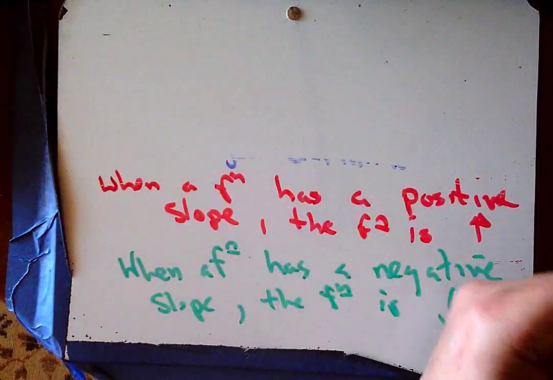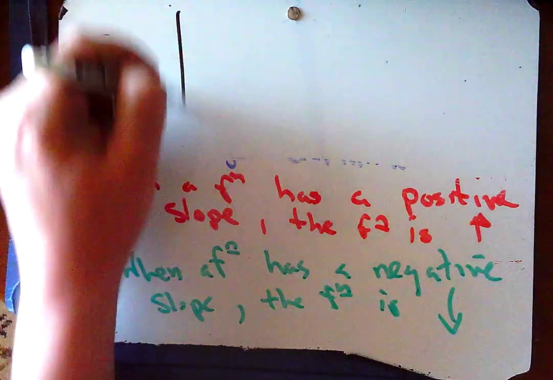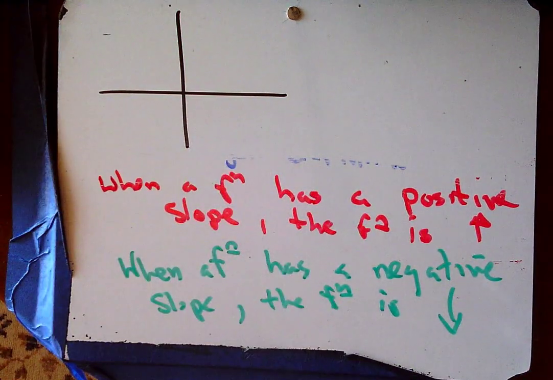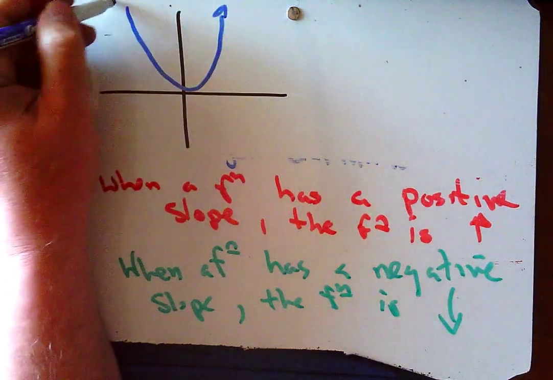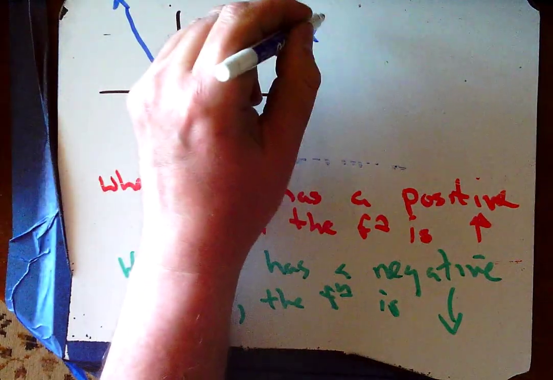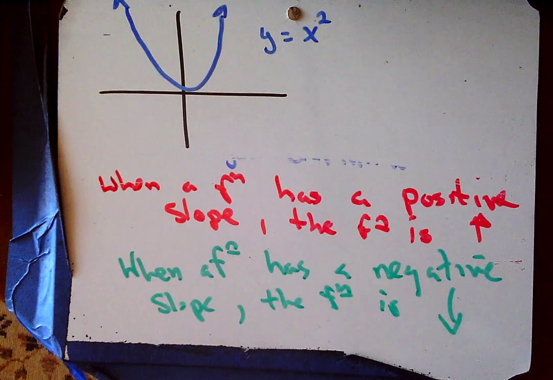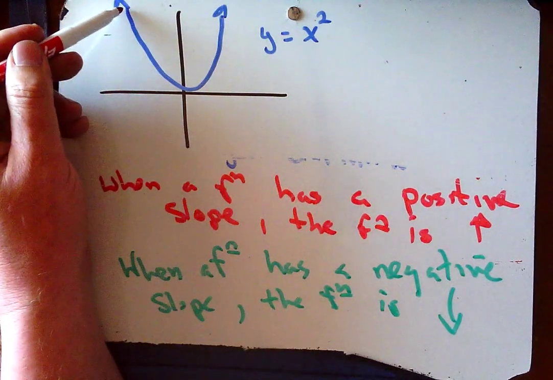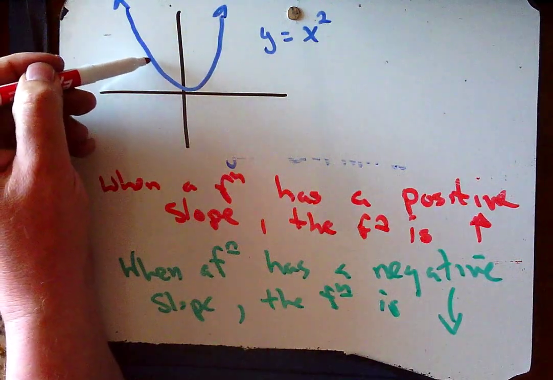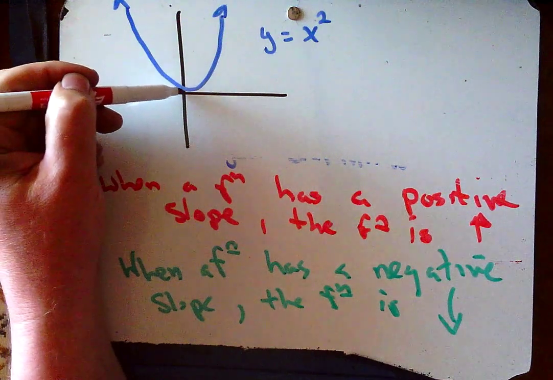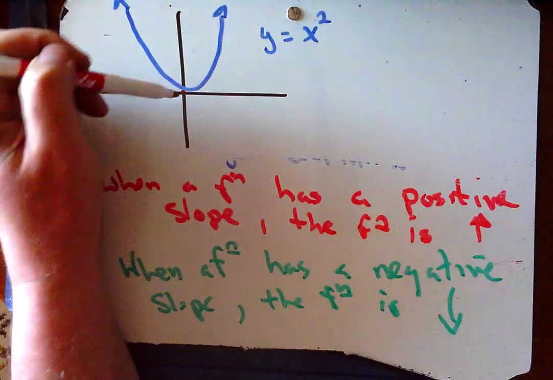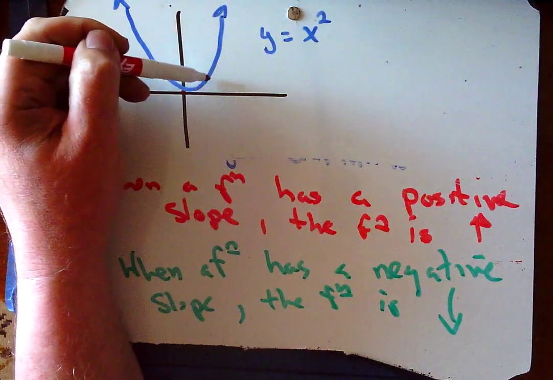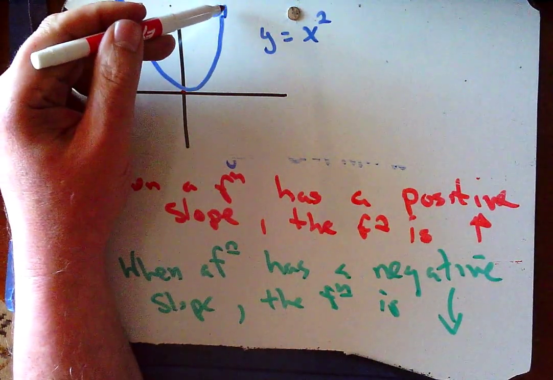Let's take a look, for example, at our dear friend parabola. Here's y equals x squared, and here's what I notice. This function has negative slopes and negative slopes and negative slopes until we get to 0, where there's a 0 slope. And then after 0, we have positive slopes that get more and more positive.